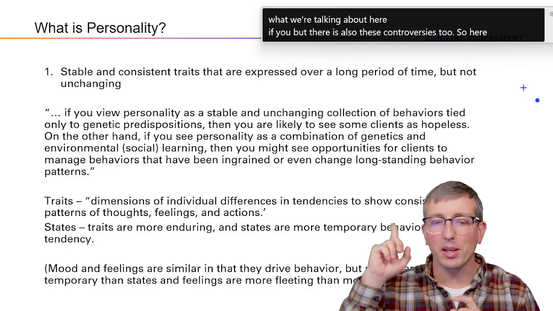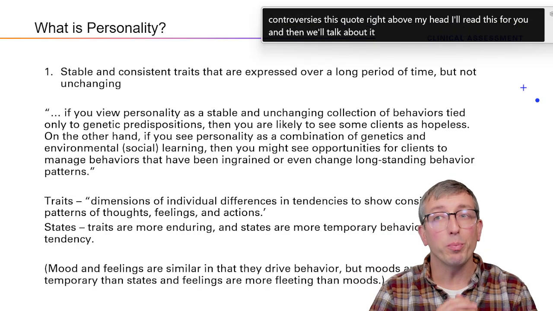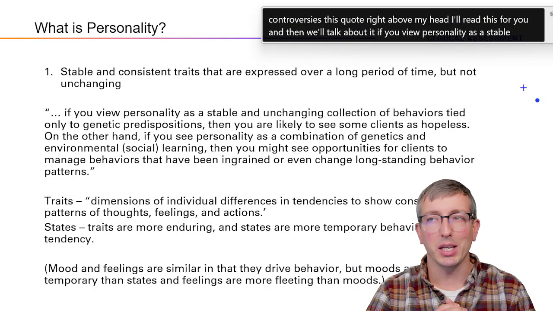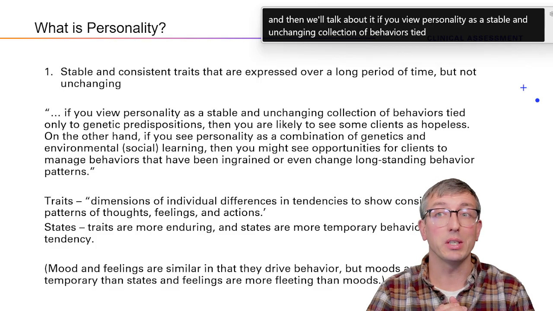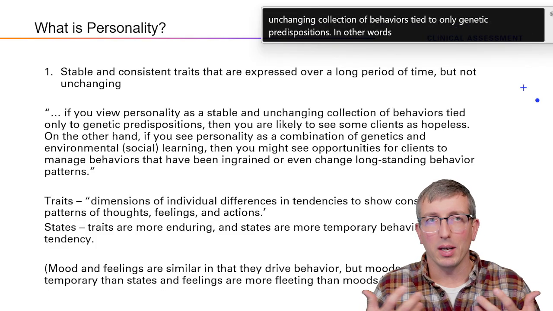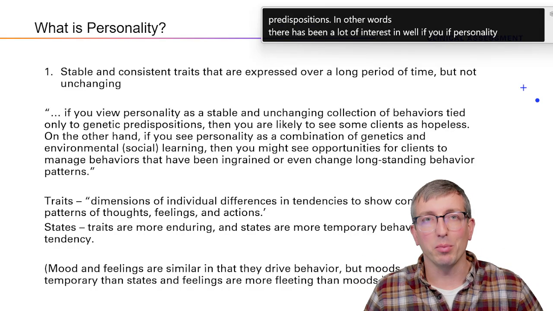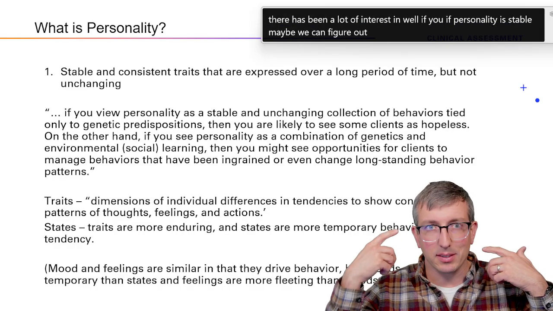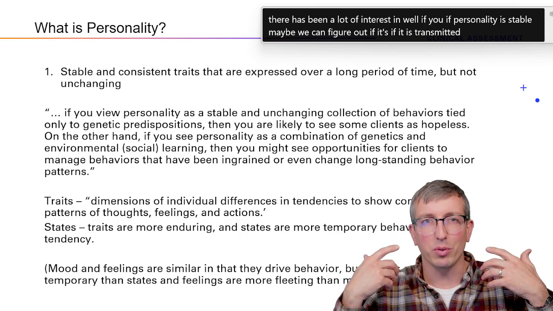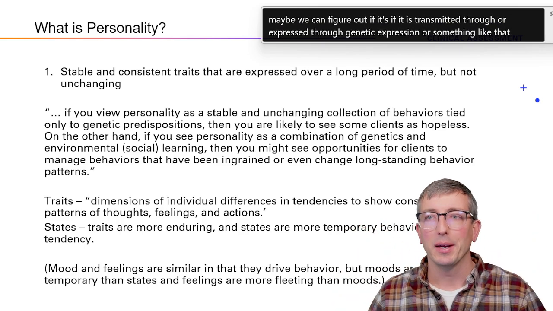But there's also these controversies too. So here's one of the controversies, this quote right above my head. I'll read this for you and then we'll talk about it. If you view personality as a stable and unchanging collection of behaviors tied to only genetic predispositions, in other words, there has been a lot of interest in, well, if personality is stable, maybe we can figure out if it is transmitted through or expressed through genetic expression or something like that.